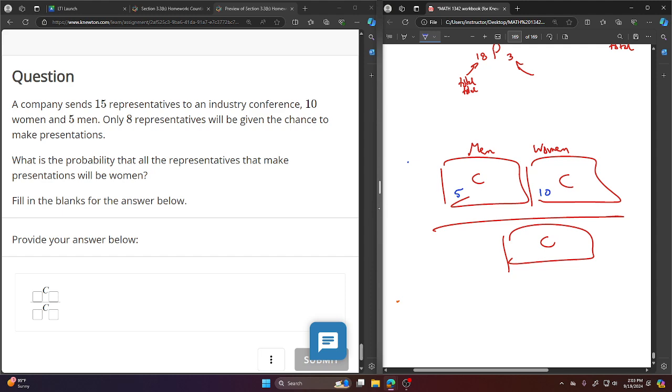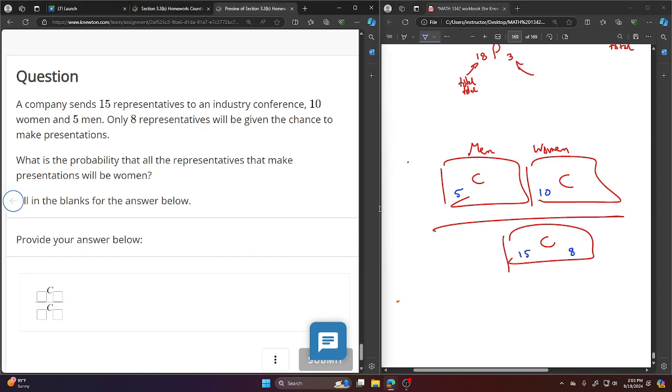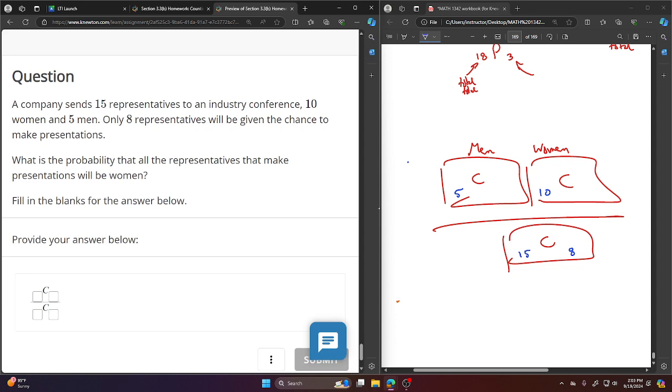Only 8 representatives will be given a chance. What's the probability that all the representatives will be women? So hold up then. I got 15 total people, right? How many are actually giving a presentation? Total presentations? 8. How many men are giving presentations? How many women? Look right here, it says all representatives giving presentations will be women.